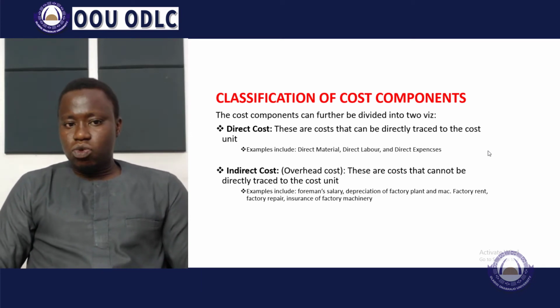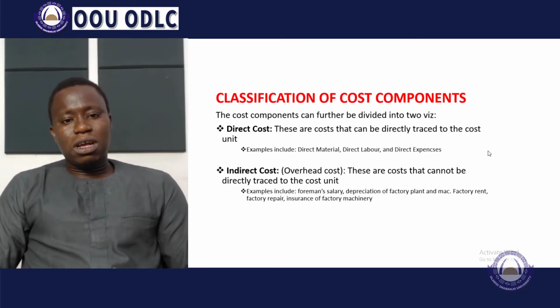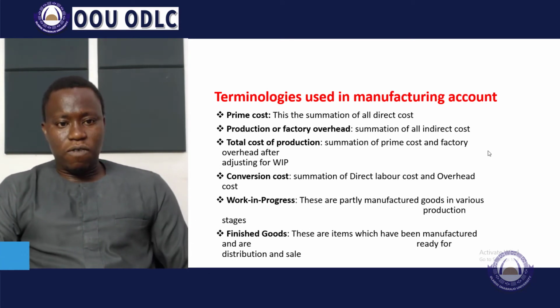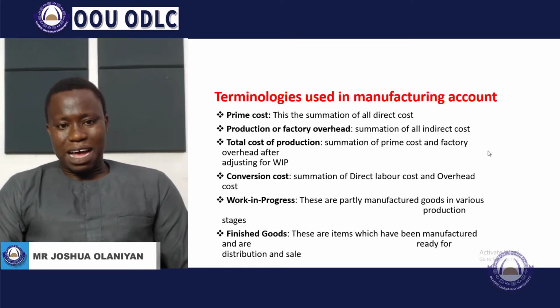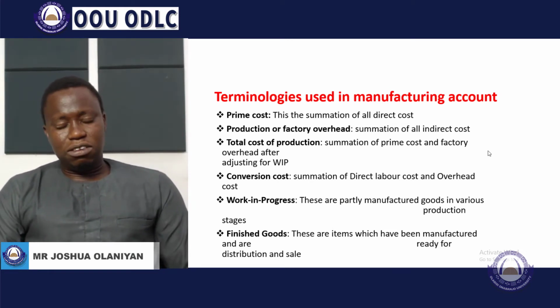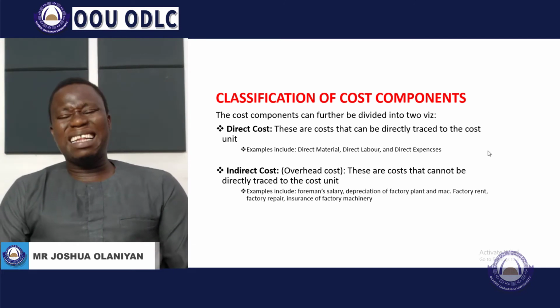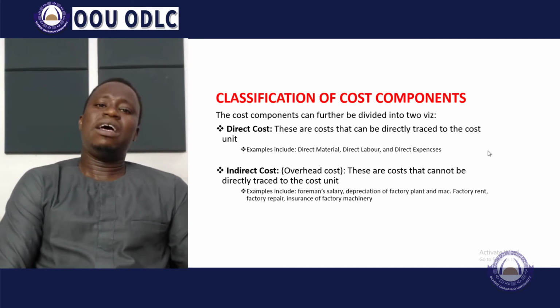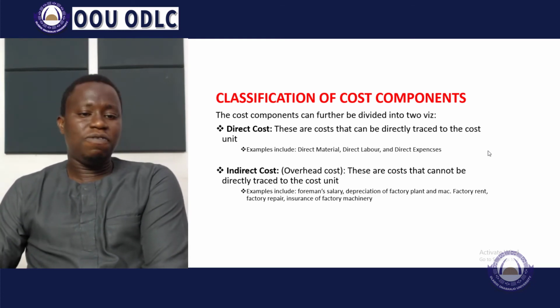Then next is the total cost of production. The total cost of production is usually the prime cost plus the overhead cost, after you have adjusted for your work in progress. Work in progress means goods that are partly completed, that you can neither classify as raw material nor as finished goods.